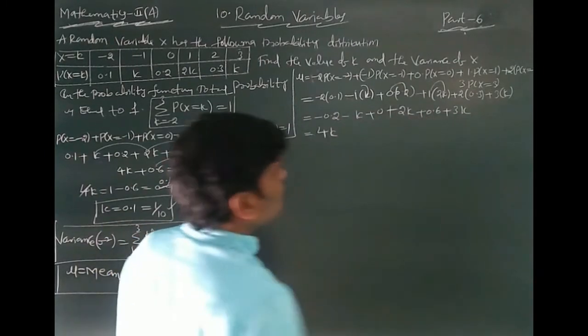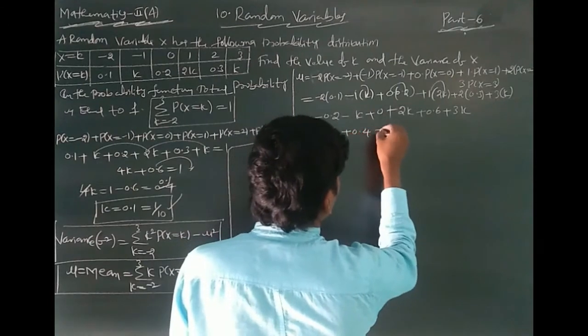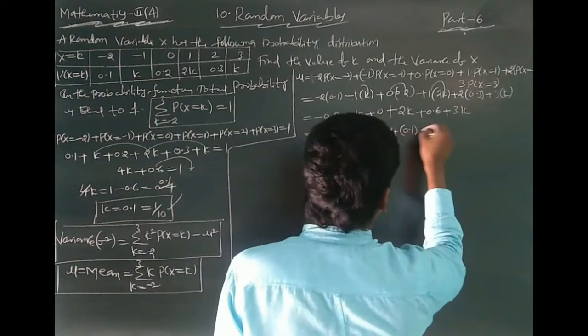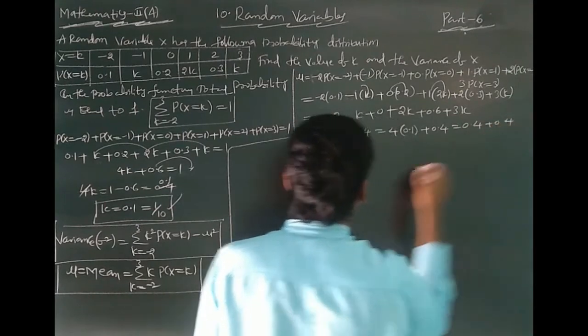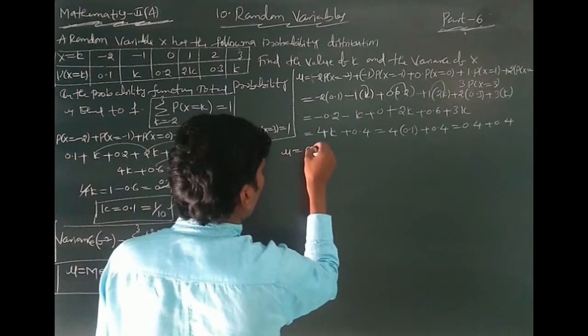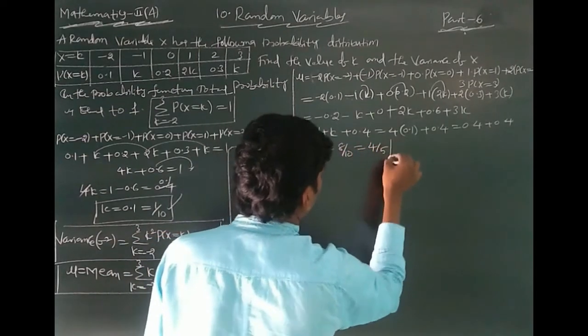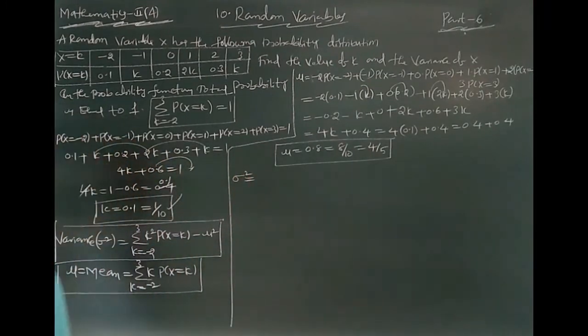Minus 0.2 plus 0.6, how much? 0.4. That equals 4 into k value, how much here? The k value, how much here? 0.1, 0.4 plus 0.4. You get the mu value is 0.8. That means 8 by 10 or 4 by 5. You can write any one value. This is mu completed. After that, variance.